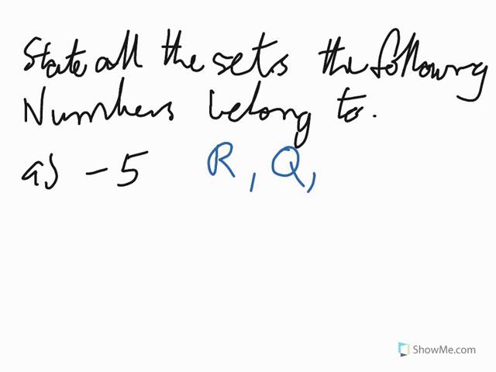Are there any other? Is it a natural number? Well, no, it's not one of the natural counting numbers that the ancients would have had. And is it an integer? Well, is it a whole number? Yes, it's a whole number. It's a negative whole number. So we could say it's an integer, but we could also say Z minus, so it's one of the negative numbers. So it's a negative integer.